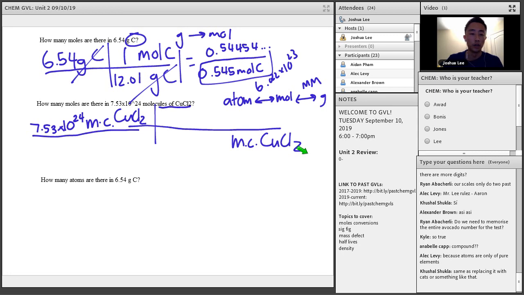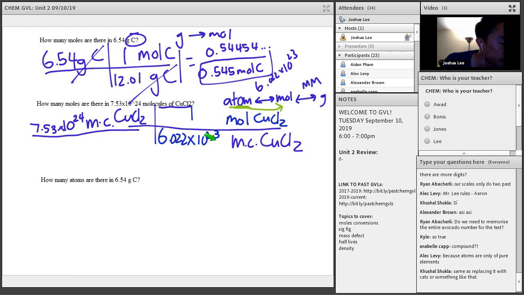And so if you look at the little thing that I drew, we're going from here to moles. So we have to stop by moles. So it'll be moles of copper 2 chloride. Then for every 1 mole of copper 2 chloride, there's going to be, if you check the top part, you have to use this number somewhere, 10 to the 23rd.